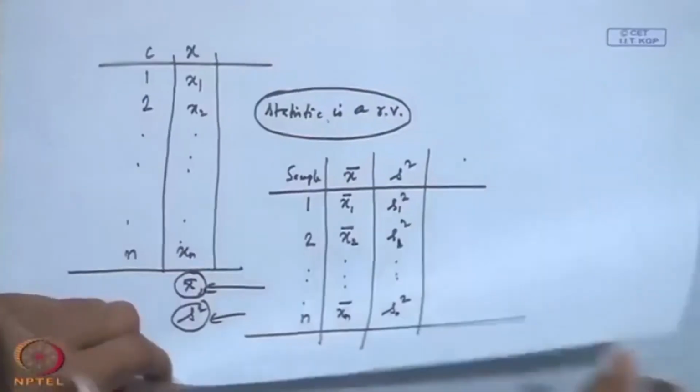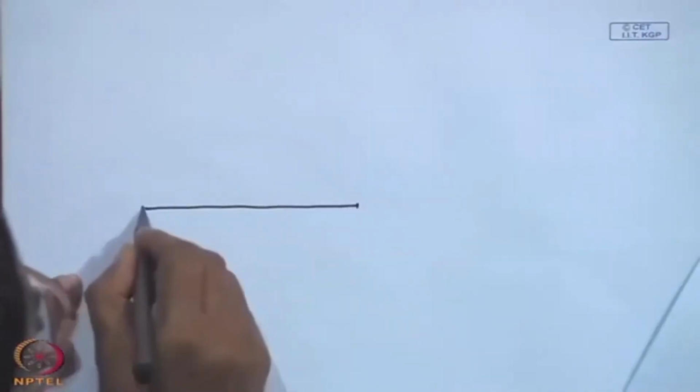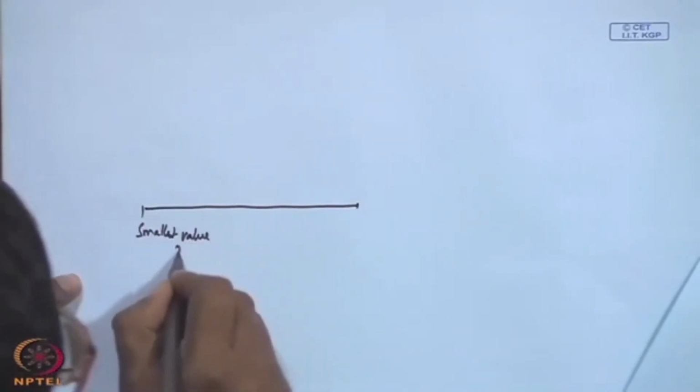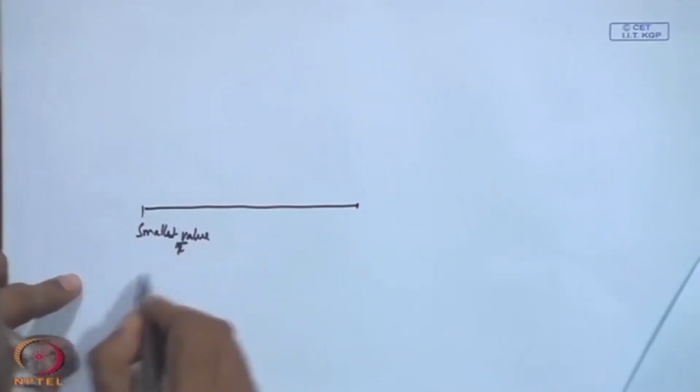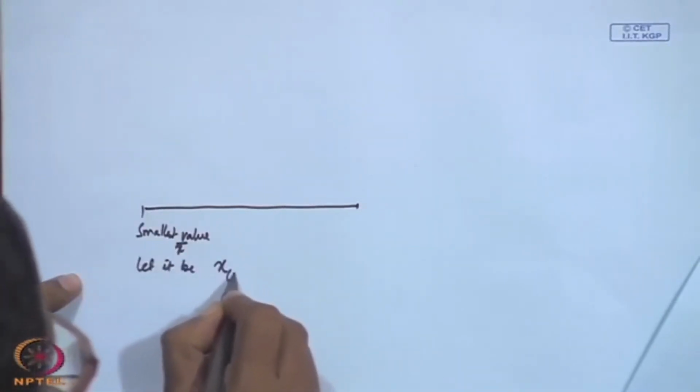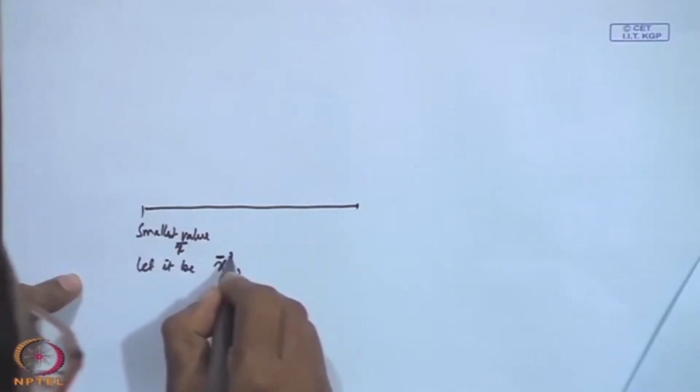If you draw a histogram, how? You can find the smallest value of x bar, let it be x within bracket 1 bar.